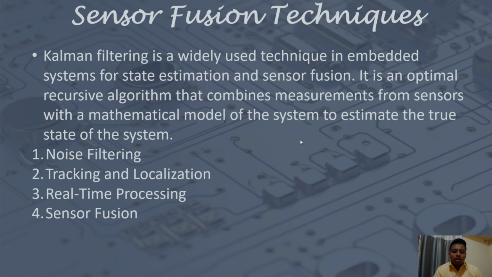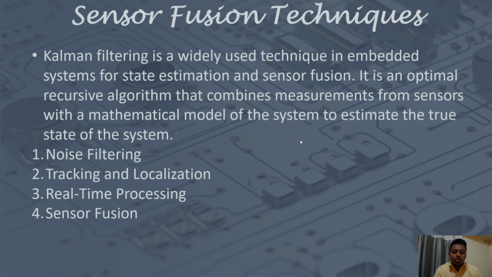Noise filtering. Noise filtering is a way that we cancel the extra noise or sound. Tracking or localization. This is a way we track, known as GPS or the like. Real-time processing. This is used in some of the sensors where we can track live data and record the data.